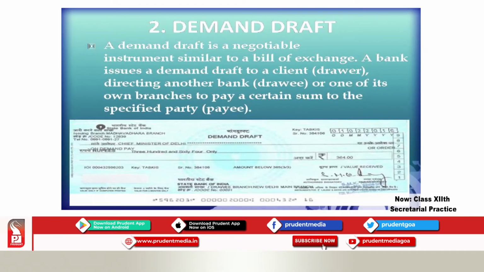Next negotiable instrument which has been used for making payments is a demand draft. This demand draft is out of fashion nowadays because of the electronic transfer of money. But it is still used mostly for making admissions in colleges and filling some tender forms in government departments.